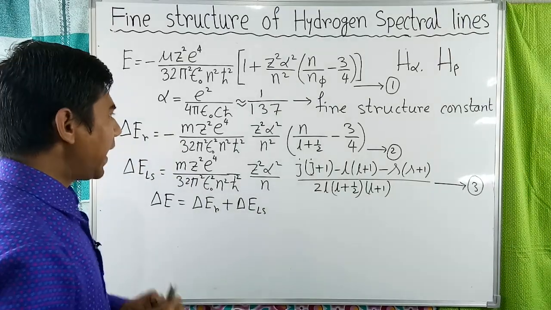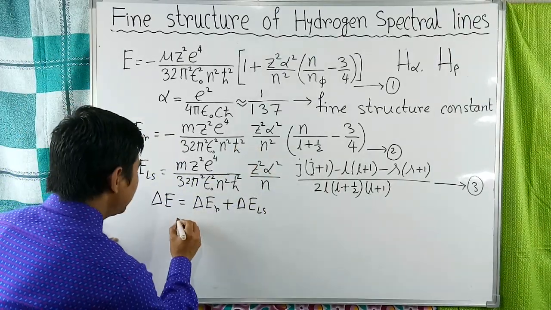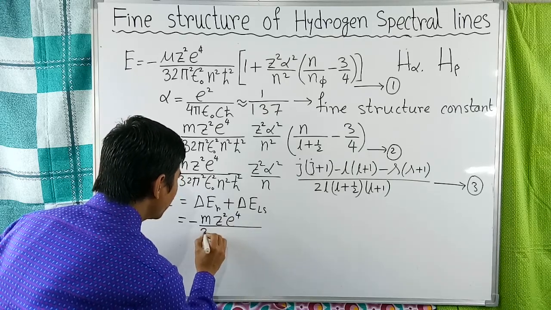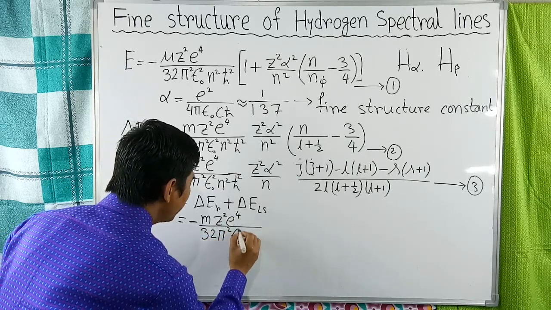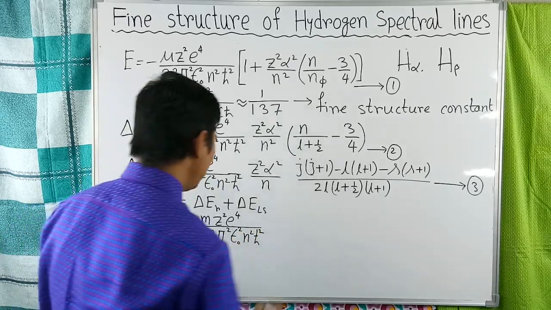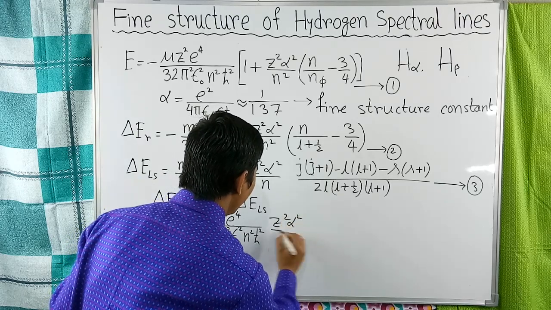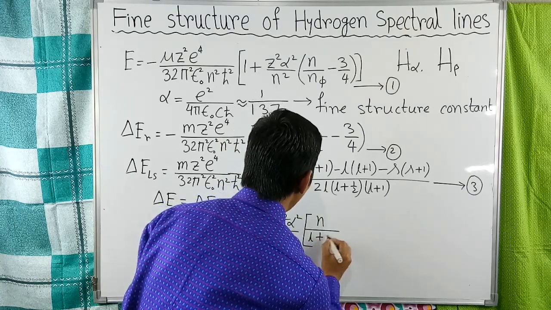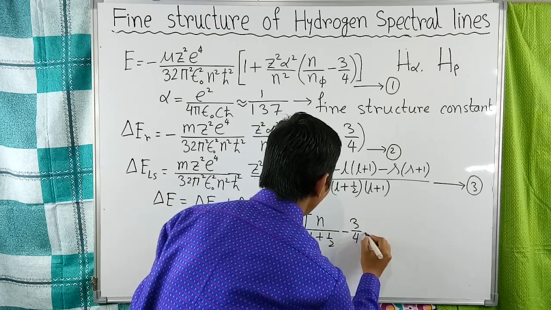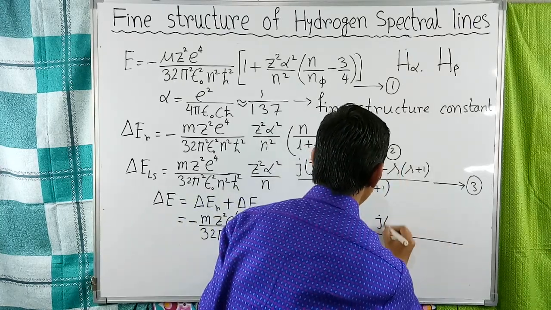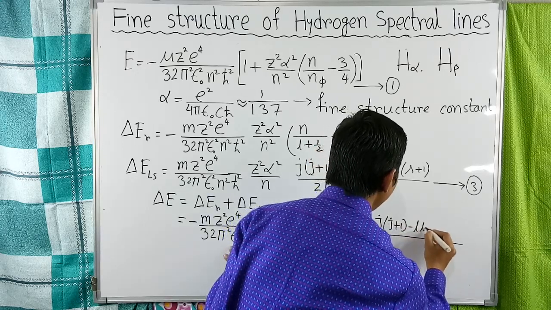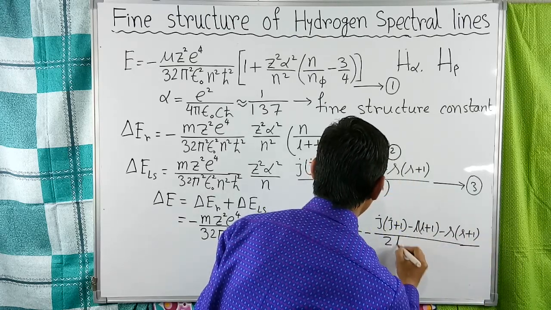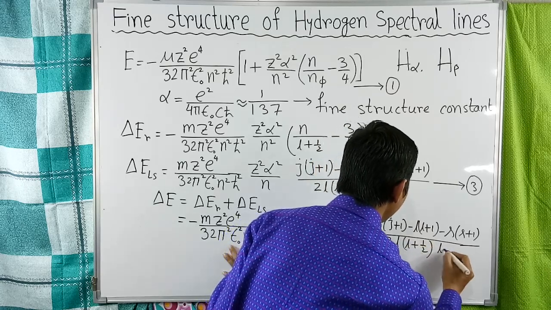Now if we add equations 2 and 3, we get delta E equals minus m Z squared e to the power 4 by 32 pi squared epsilon 0 squared n squared h cut squared, into Z squared alpha squared by n squared, into n by L plus half minus 3 by 4 minus J into J plus 1 minus L into L plus 1 minus S into S plus 1 by 2L into L plus half into L plus 1.